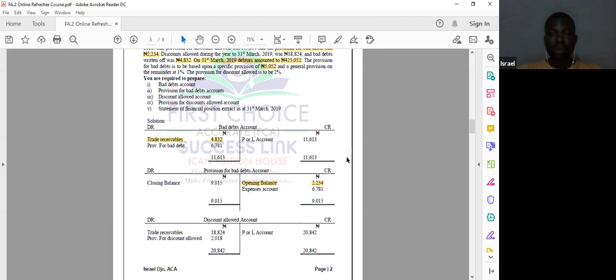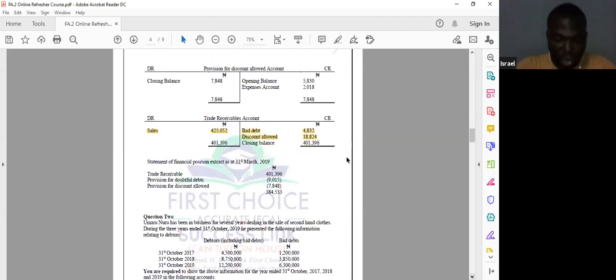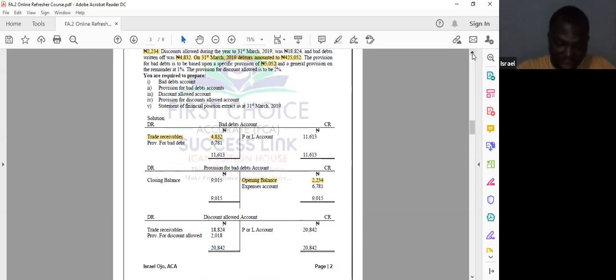How do we get that? We come down here and look at the closing balance, which is 401,396. Then we scroll up to check the specific provision, which is 5,052. We multiply the remainder by 0.01, then add the initial figure given to us. That gives us 9,015, which is the closing balance for the provision for bad debt.